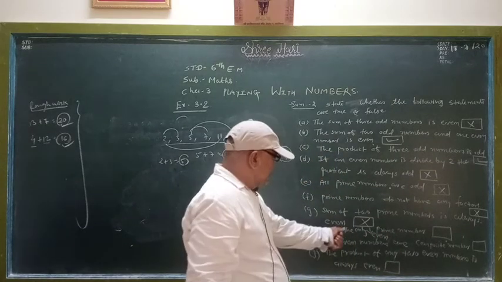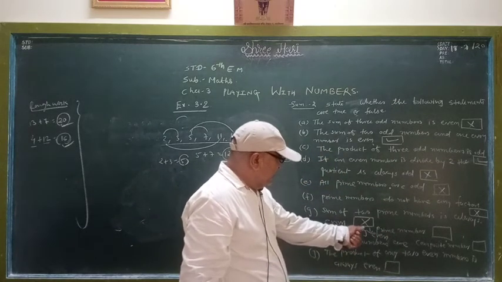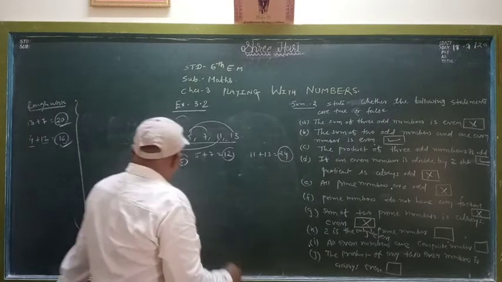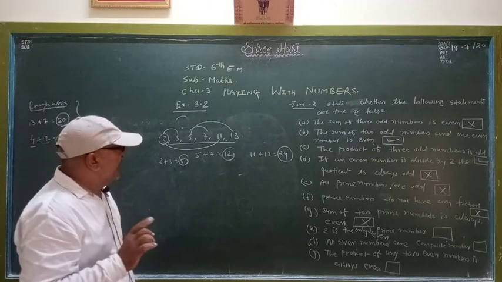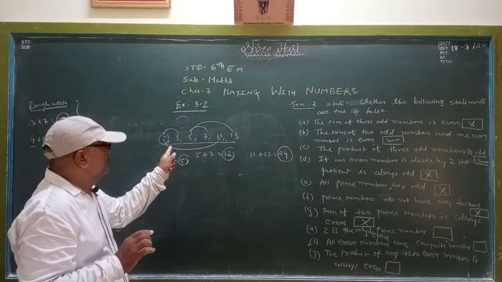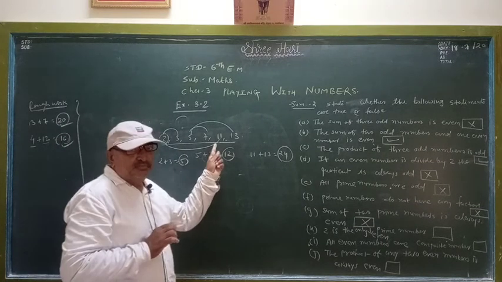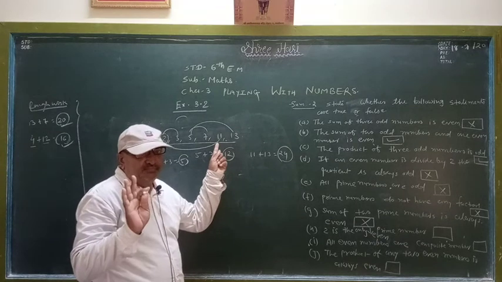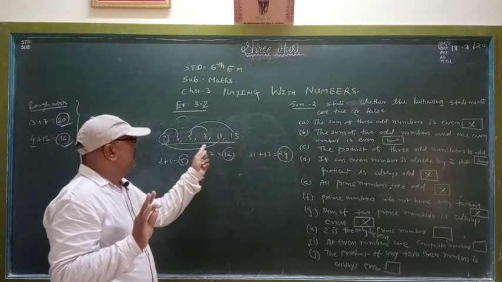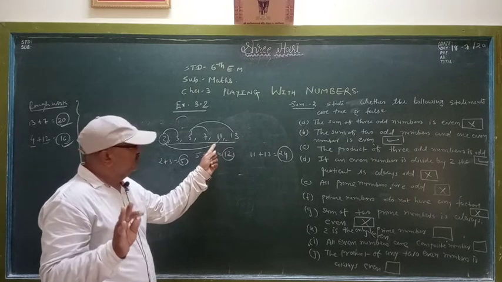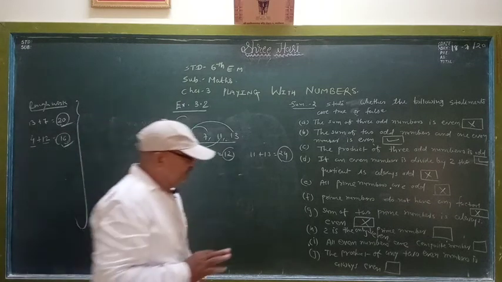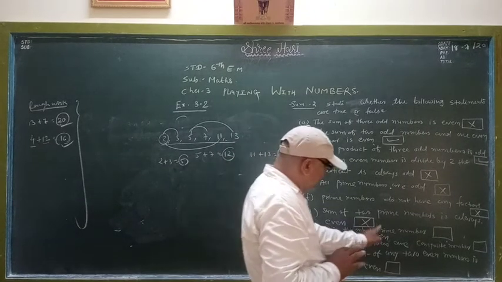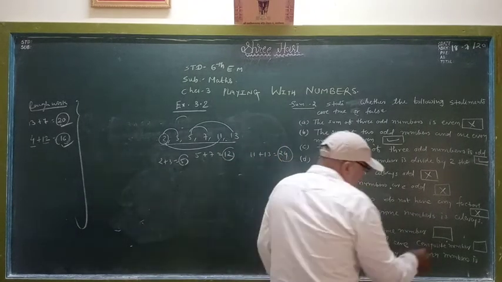So 2 is the only even prime number. Prime numbers start from 2, and 2 is even and prime. After 2, no even number will come. All numbers will be odd numbers. So 2 is the only even prime. So it is true.